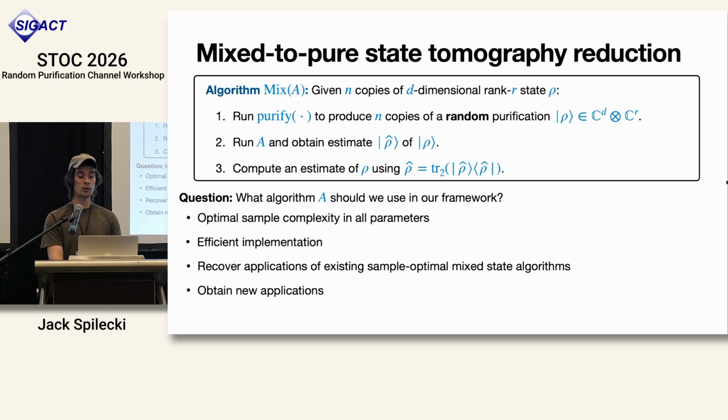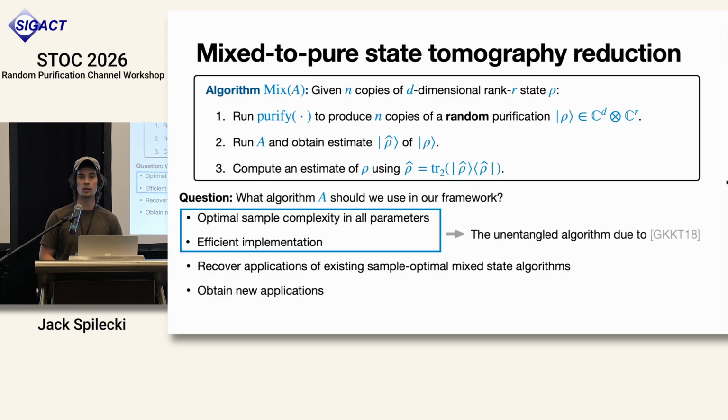Okay, so for the first two goals, I'm going to use a certain algorithm, the unentangled algorithm due to Guta, Kahn, Kueng, and Tropp. I'll talk more about this in a second. But the idea here is that this algorithm is both sample optimal and efficiently implementable. And the mixed state version, mix of A, is going to inherit these properties from that algorithm.